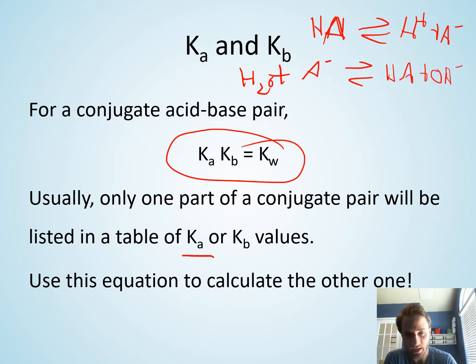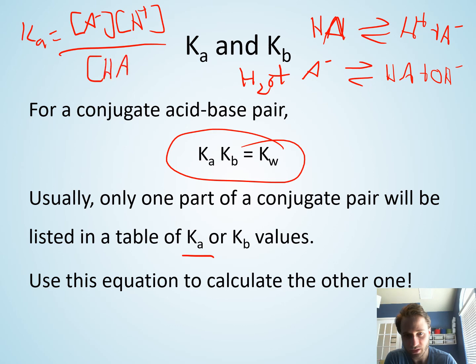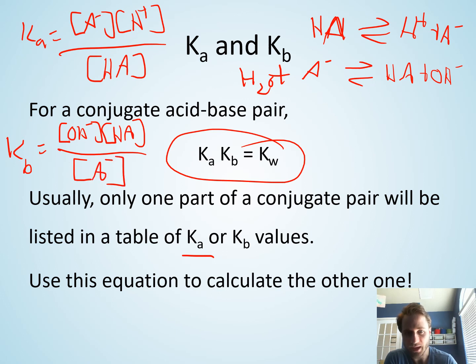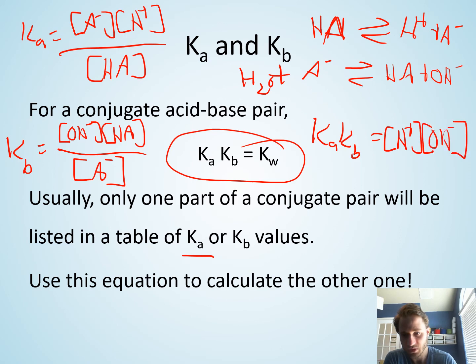So the Ka here is concentration of A minus times concentration of H plus over concentration of HA. And Kb is equal to concentration of OH minus times concentration of HA over concentration of A minus. If you multiply Ka and Kb together, things will cancel. The product of Ka and Kb will just come out to be H plus times OH minus, which equals Kw, the equilibrium constant for the ionization reaction in water.